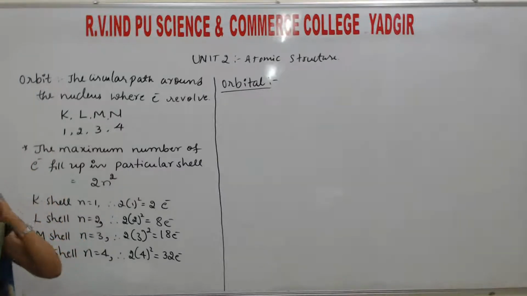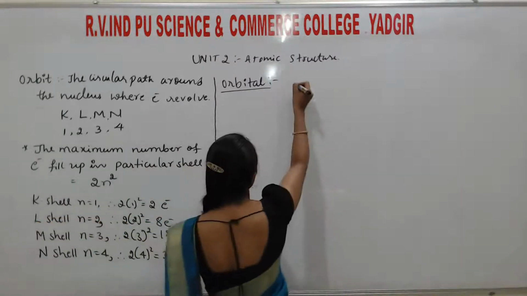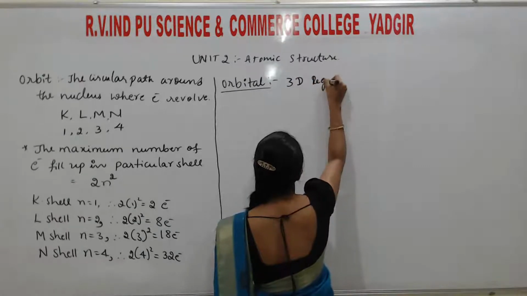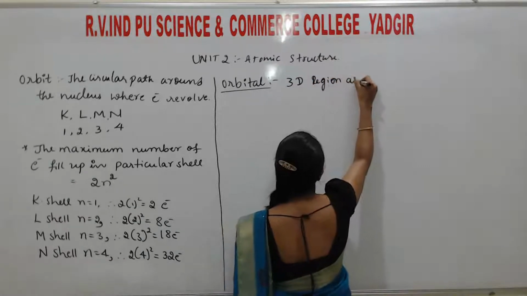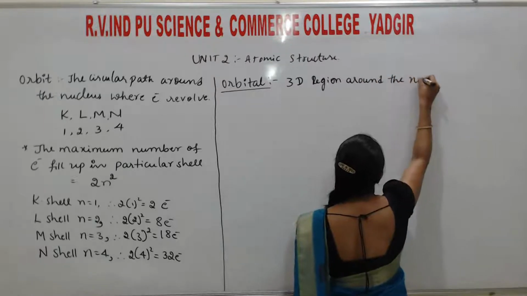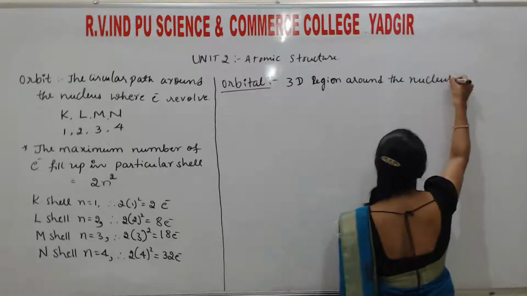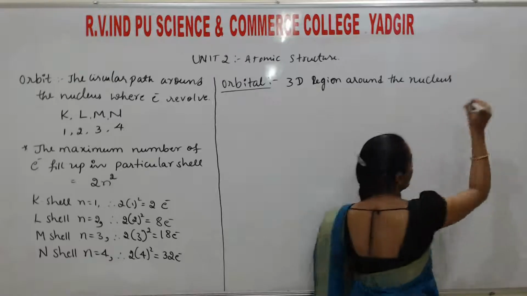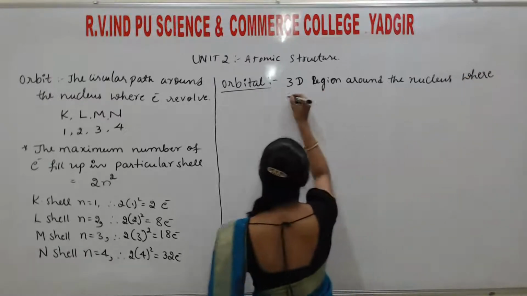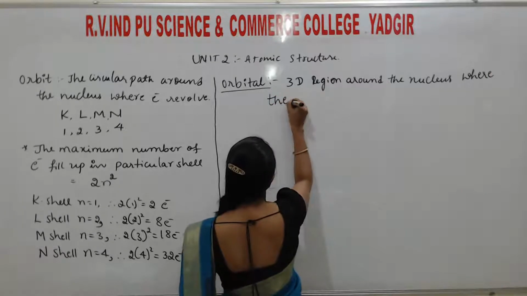That is called orbital. So it is a three-dimensional region around the nucleus where the electron density is more.